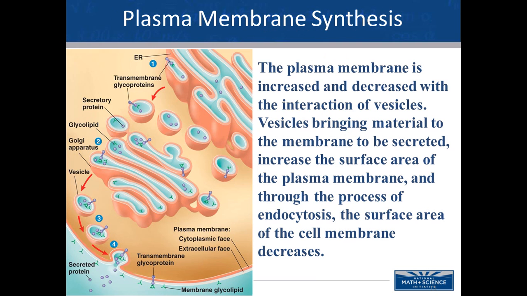So how do you make a membrane grow, or how do you decrease its size? Well, all of that is done with the interaction of vesicles. Remember, we mentioned before how sometimes there are molecules, proteins, that are made on the endoplasmic reticulum, and then these little vesicles transport them to the cis face of the Golgi.